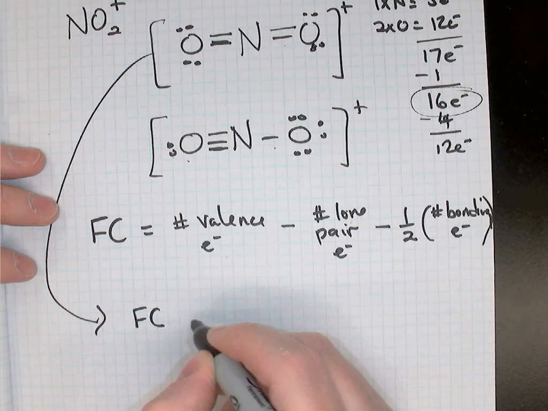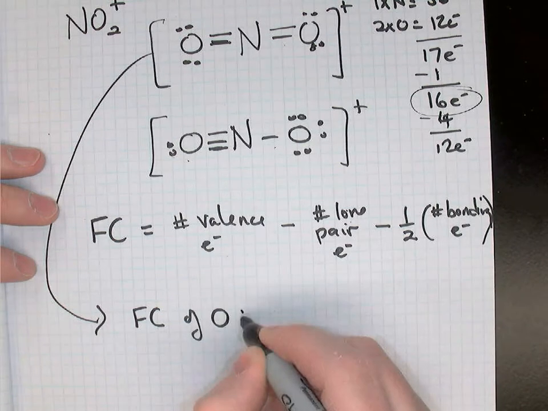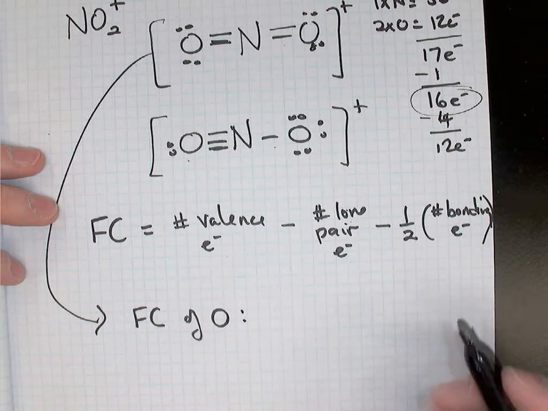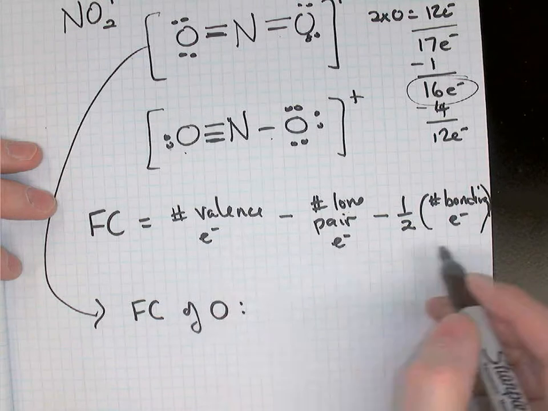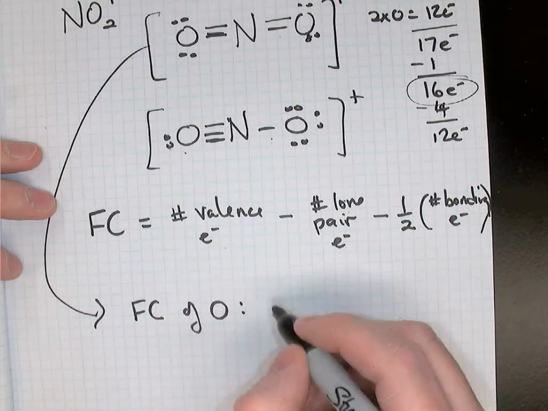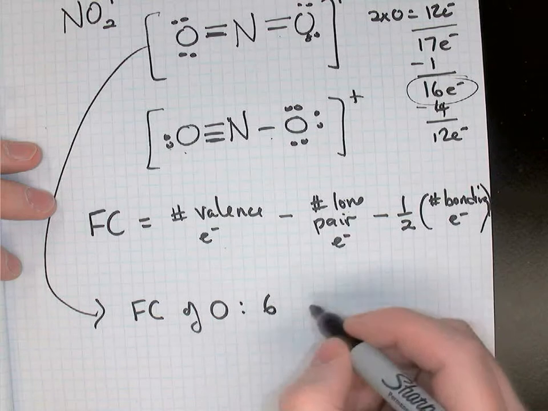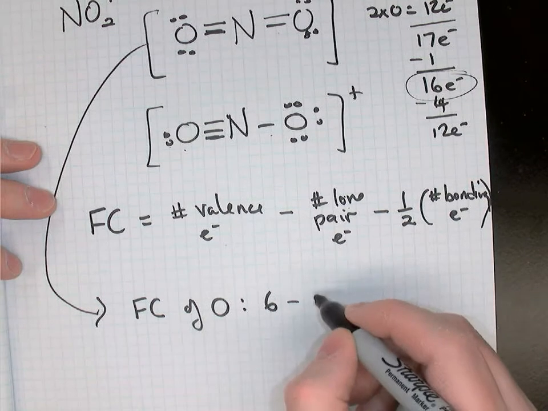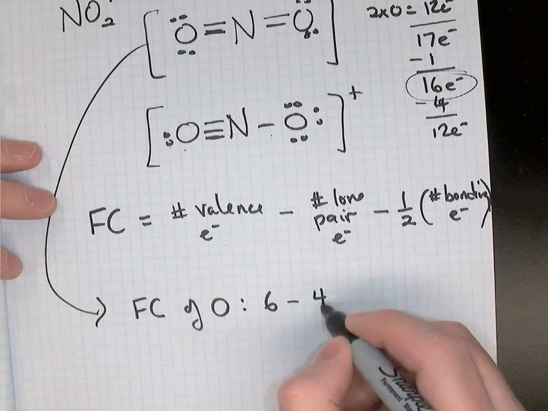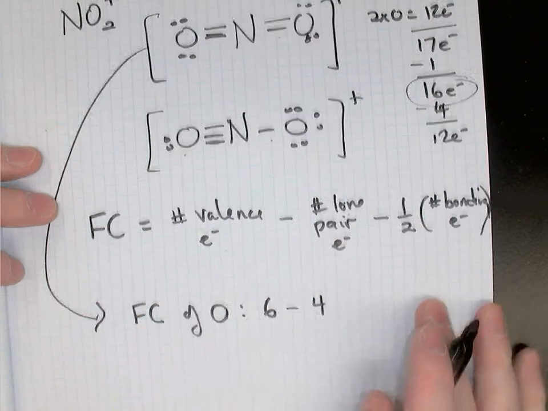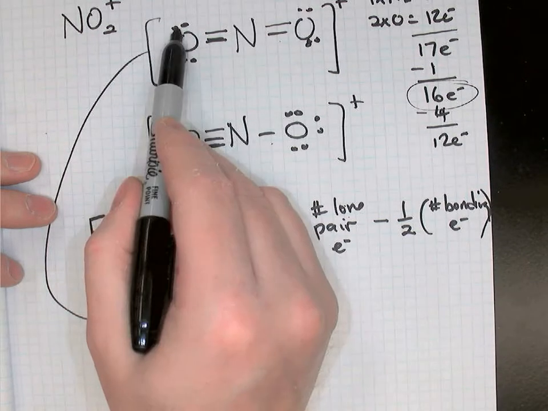So the formal charge of oxygen in that molecule would be, using my formula, oxygen brings 6 valence electrons to the molecule, and then minus, there are 2, 4, so 4 lone pair electrons. Right? There's 2 here and 2 here, so 4 lone pair electrons.